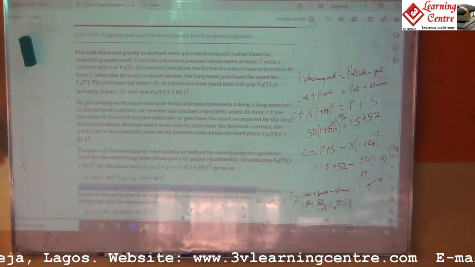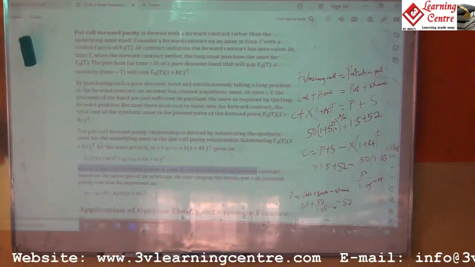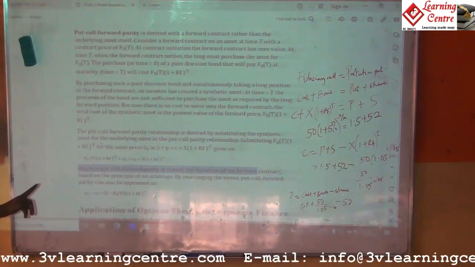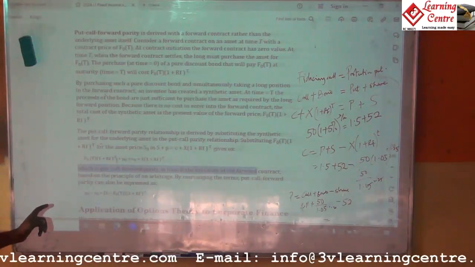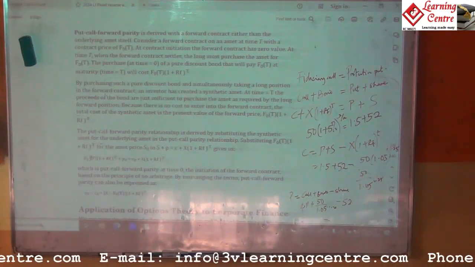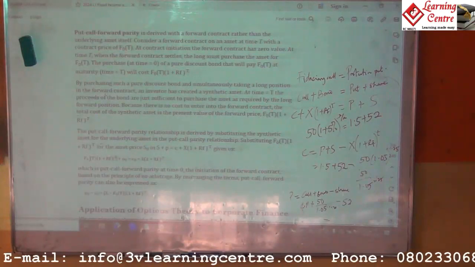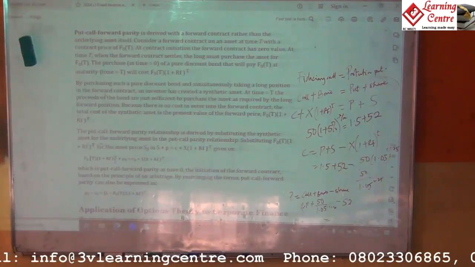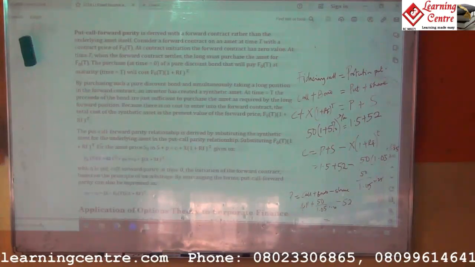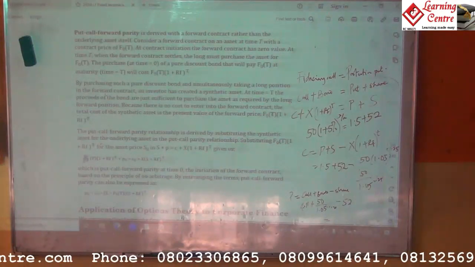So same story, everything is the same. The only difference is that instead of our share price there, we have now switched to forward price, and that forward price has to be discounted. So this T is the time. So the forward price at the time times 1 plus RF raised to power minus T. So this side is equal to the bond. The only difference now is that you have just added the forward price, that's all.